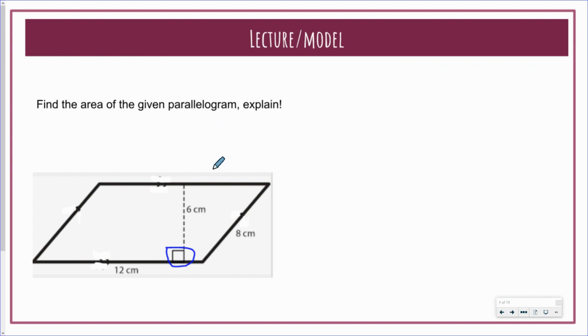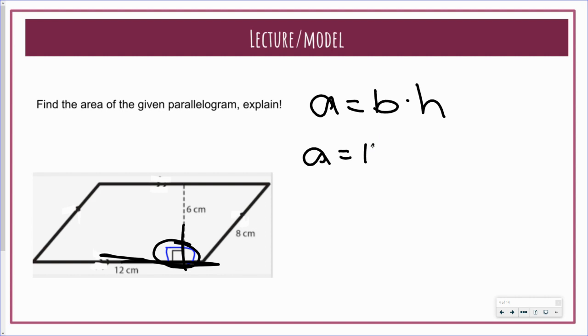First thing we're going to do is find the area of this parallelogram. To find the area of a parallelogram, you use the formula area is the base times the height. I have already circled the base and height in blue. It makes the right angle. If I trace over these two lines, the base is 12 and the height would be 6.